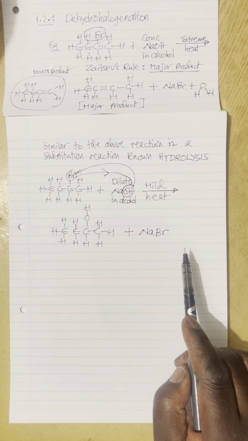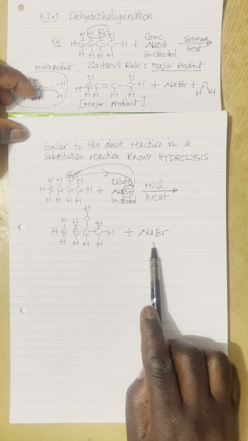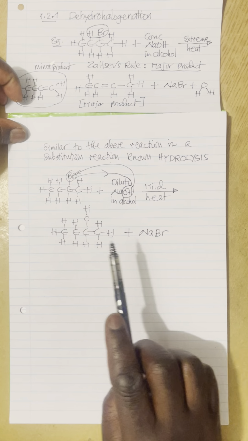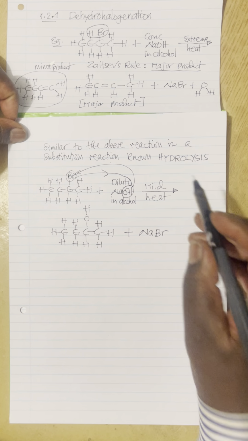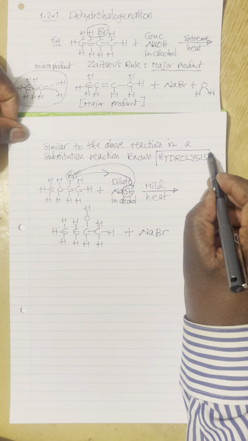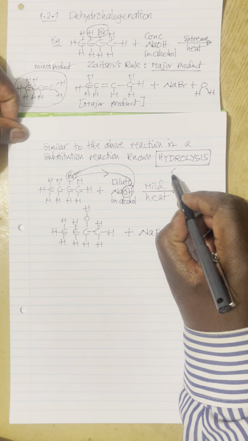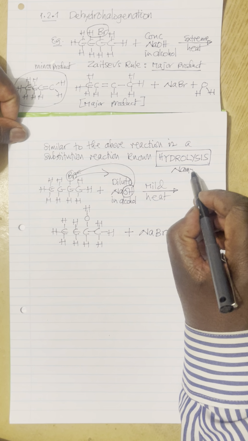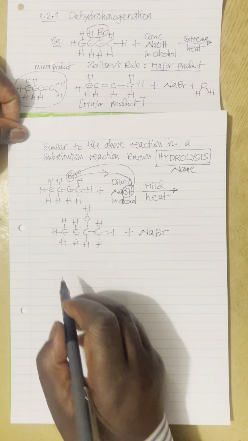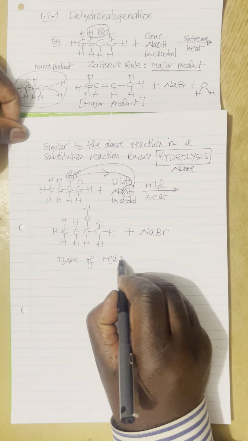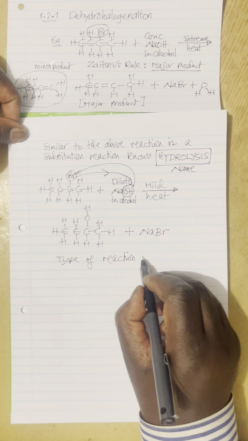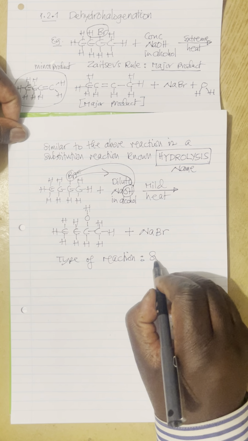Here we have one organic product and one inorganic product. So this type of reaction is a substitution reaction. The name of the reaction is hydrolysis. So that's the name. Type of reaction: it's actually a substitution reaction.